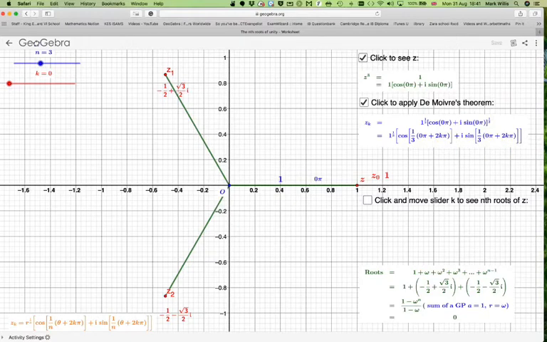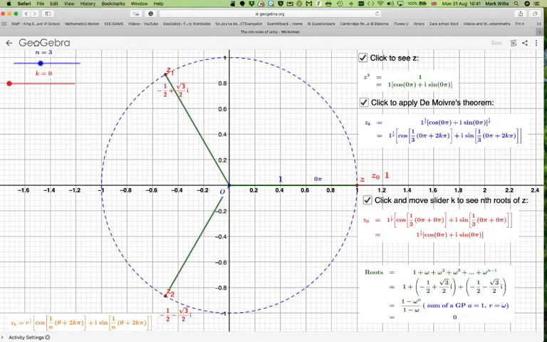Okay, so when k is 0, which is this case here, we're going to get 1 to the 1/3 times cos 0 pi plus i sine 0 pi. If I change the value of k using this slider here, okay, so this is when k is 1.